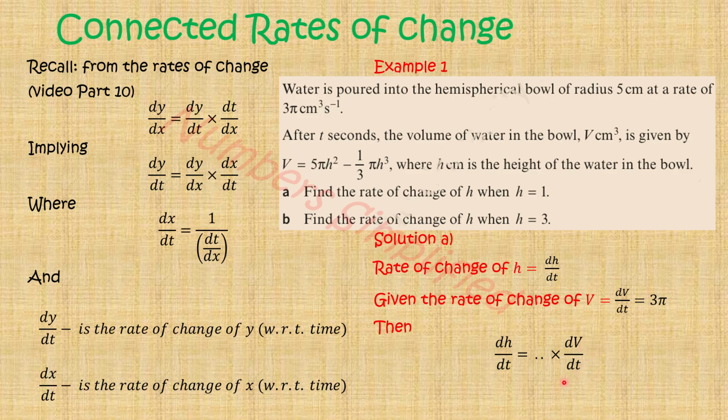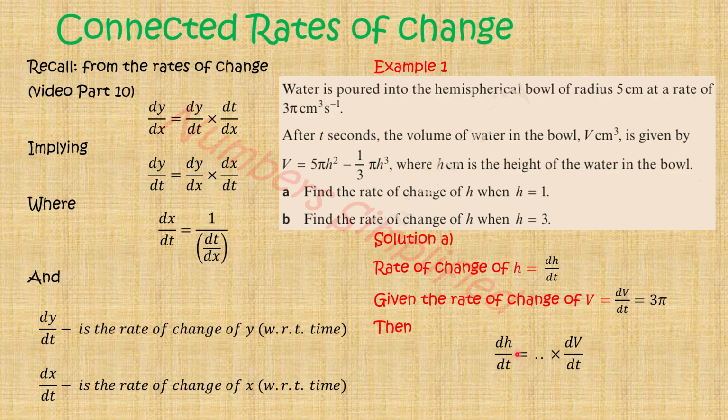So we are given the dV/dt and we are trying to find the dh/dt. So if we have a dV in the denominator, that will cancel out with the dV that we currently have. Then we must have something in the numerator so that in the end we get dh/dt.